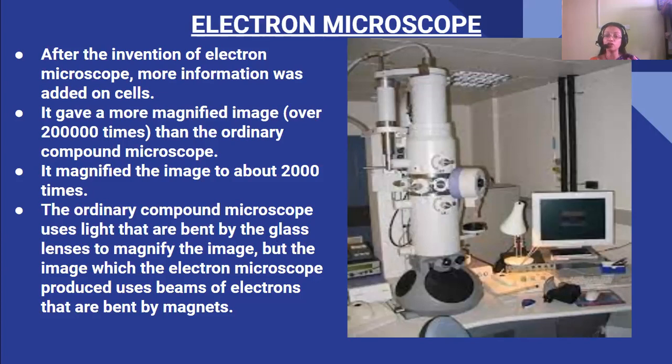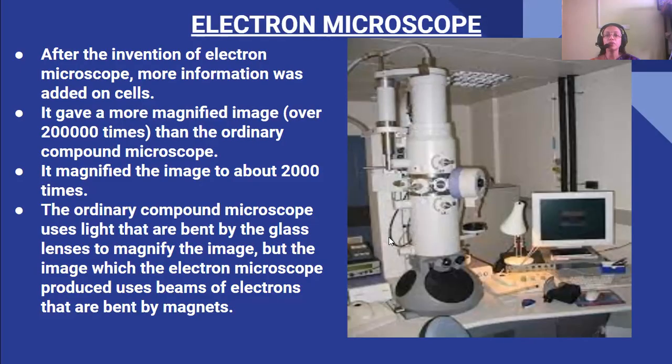Here, electrons are used. That's why it's called an electron microscope: a beam of electrons is used, bent by magnets, to get the magnified image.